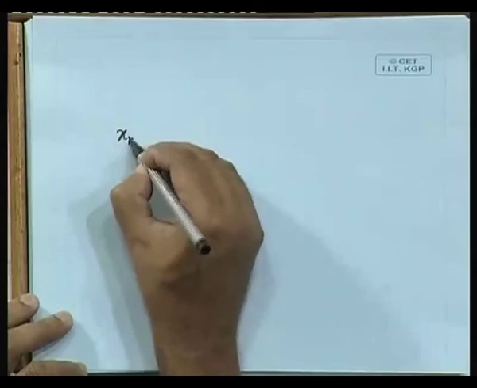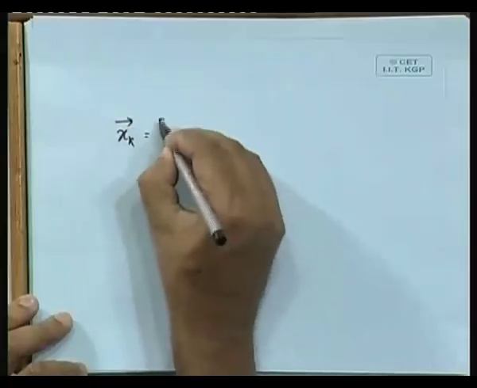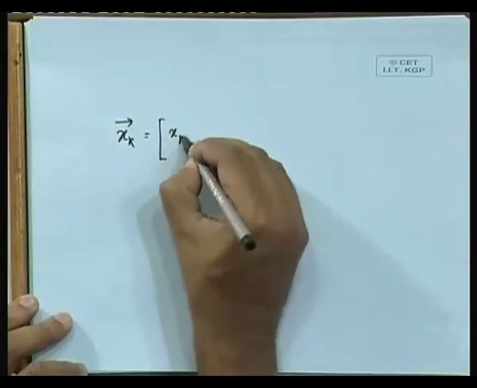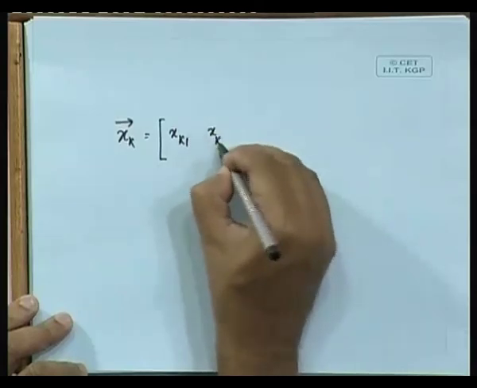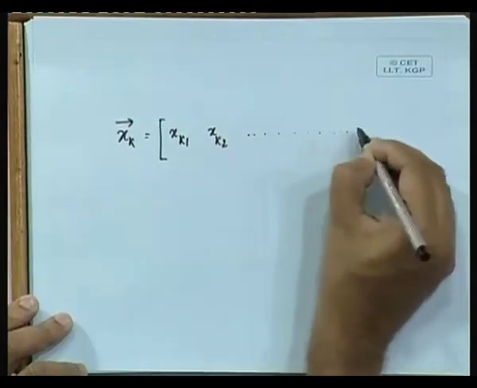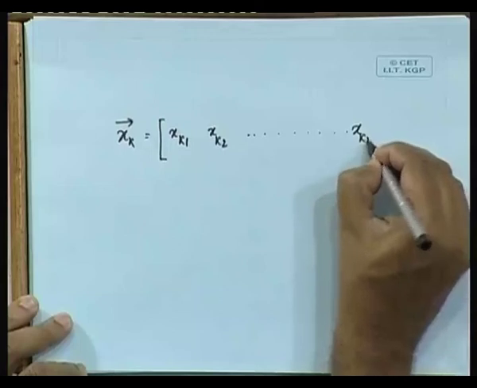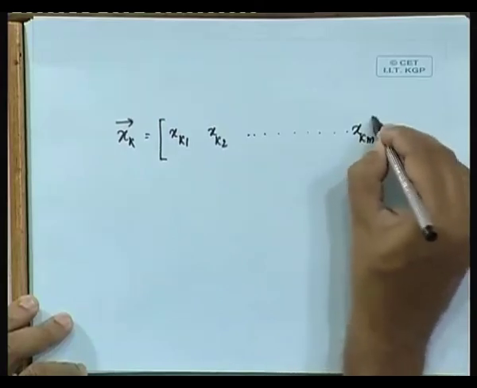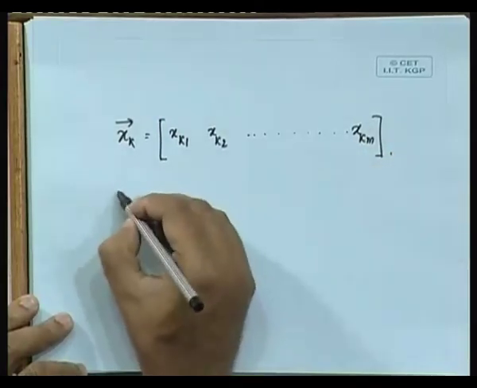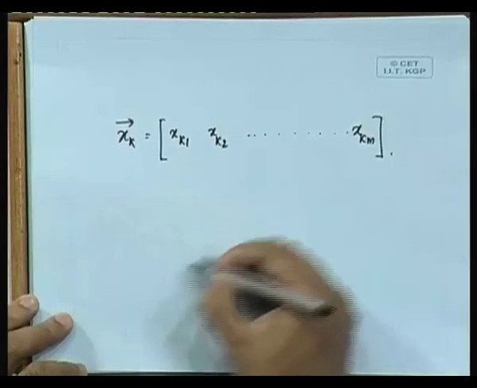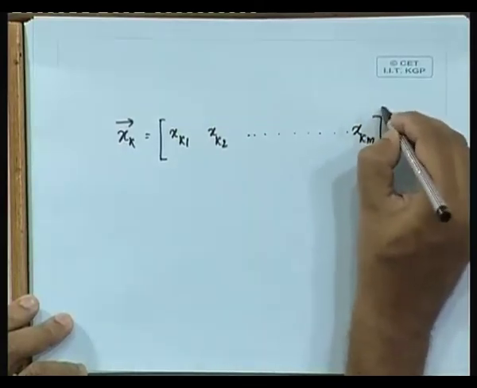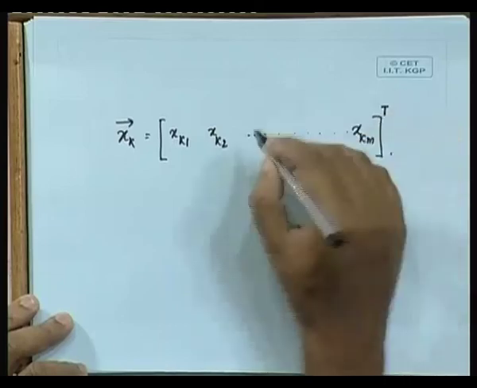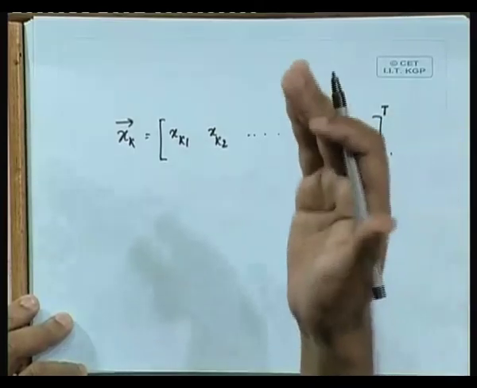So, what is this Xk and Yk? The Xk vector's definition is essentially Xk1, Xk2, etc., up to Xkm. It is customary to write this as a transpose, meaning that by vector we will mean the column vector.